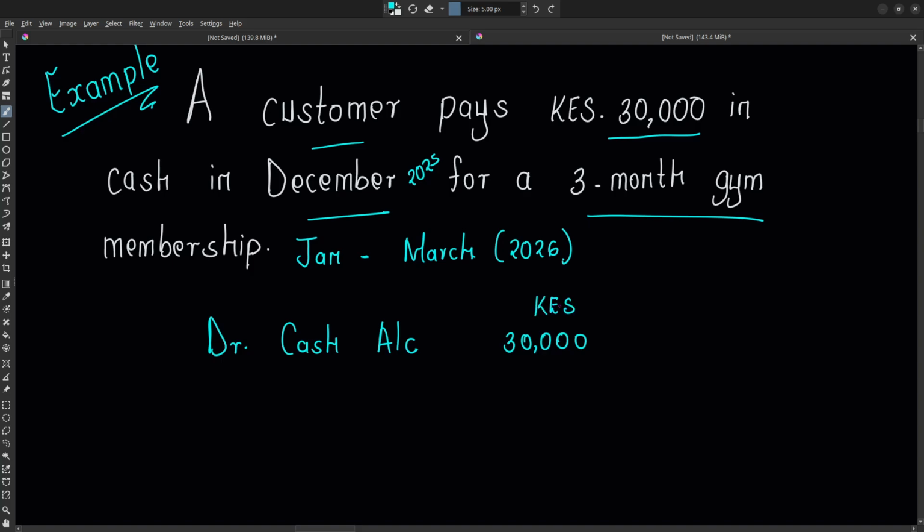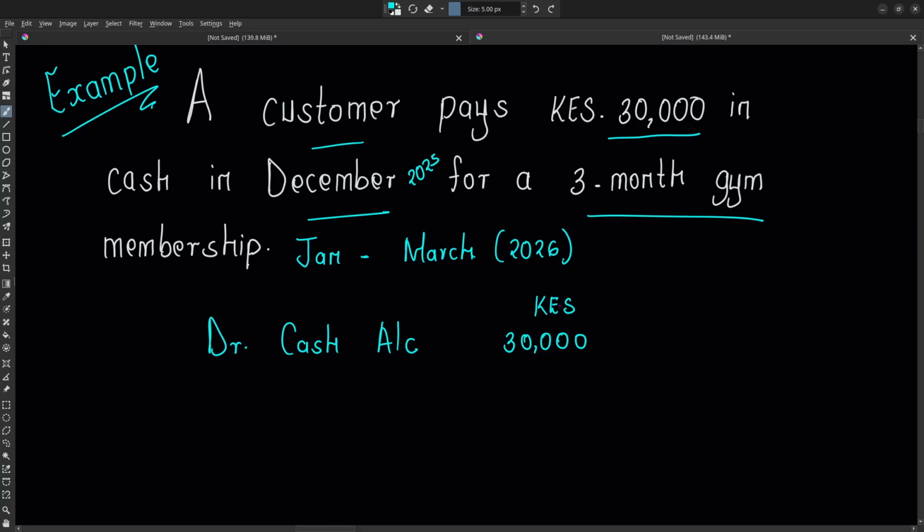As at this point, we have not yet earned the revenue. Why? We have not provided the gym services to this client, because he or she has paid for the gym membership from January to March. He or she is yet to come to the gym and use the services that come with the subscription.